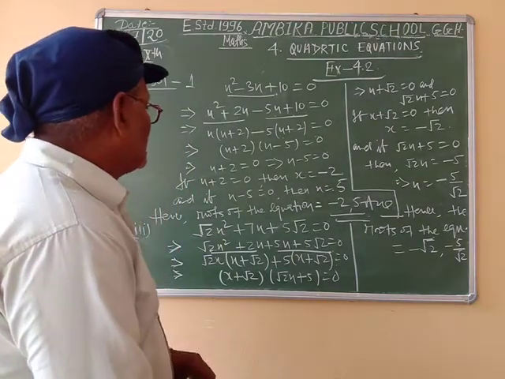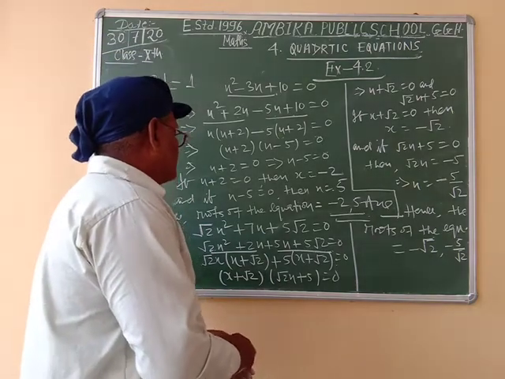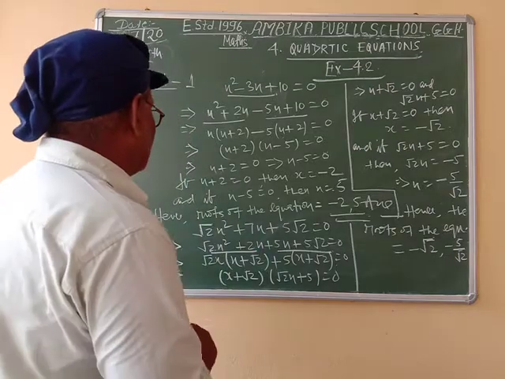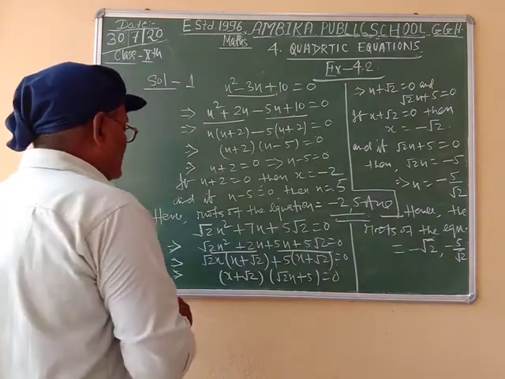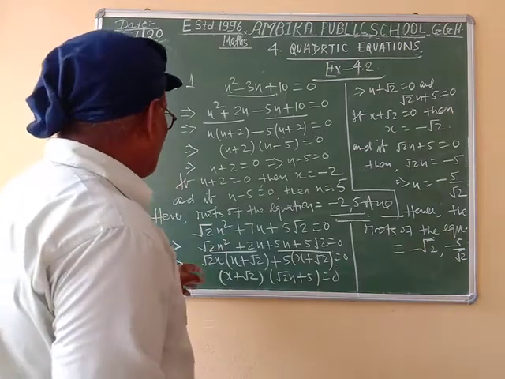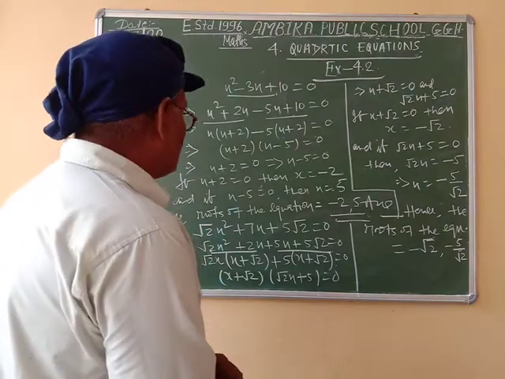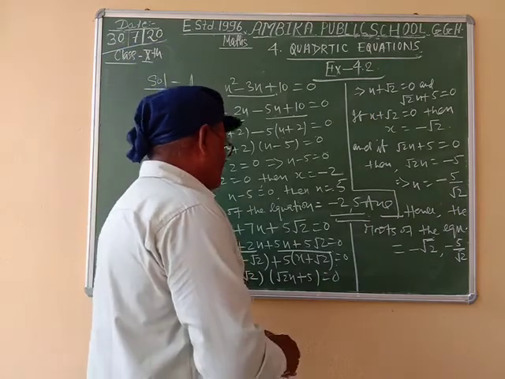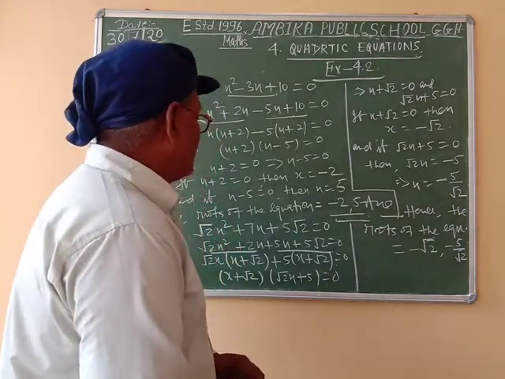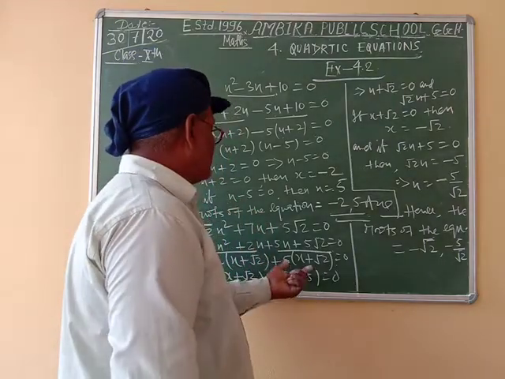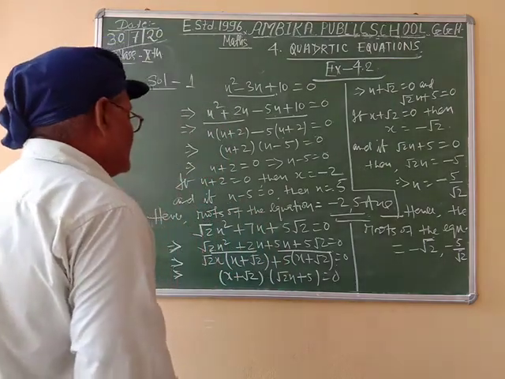So 2x and 5x are the appropriate split of 7x. Now taking common root 2x in the first two terms, we write x plus root 2 in the bracket, and taking common 5 in the last two terms, we write x plus root 2 in the bracket.